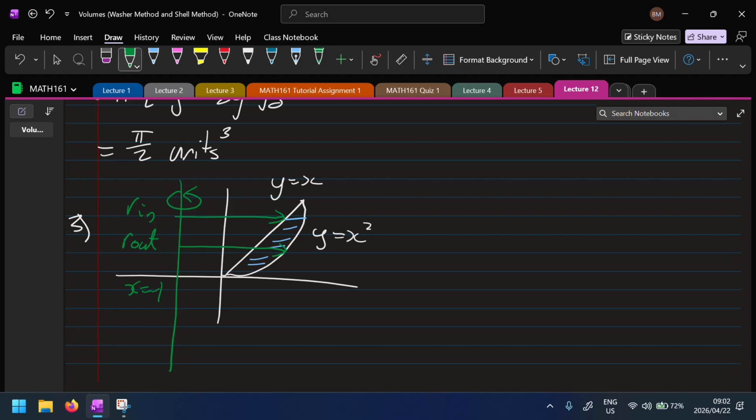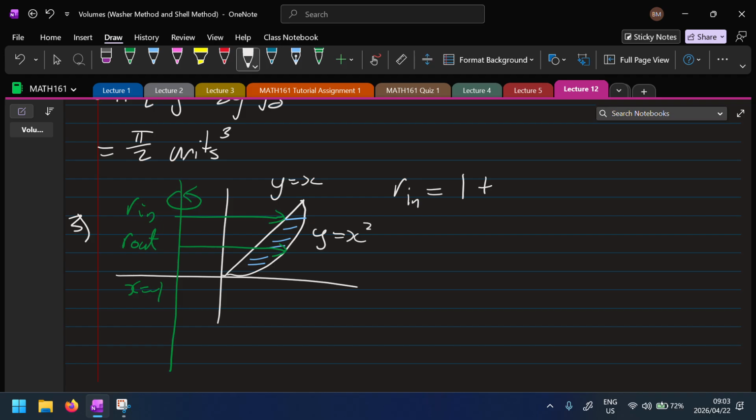Okay, so let's look at r in. This distance will be from the line x equals minus 1 to the y-axis. That distance is 1. So it's going to be 1 plus, because now we're going a bit further than that, from the y-axis to y equals x.